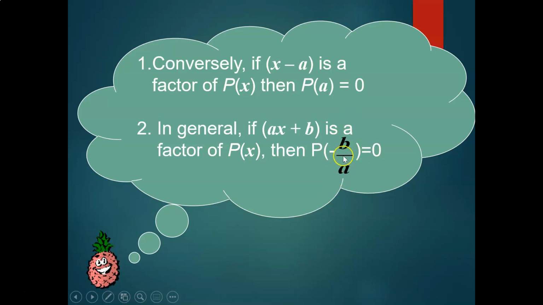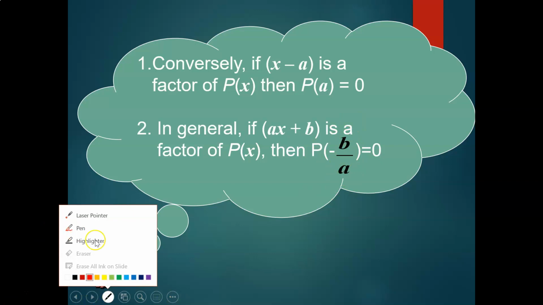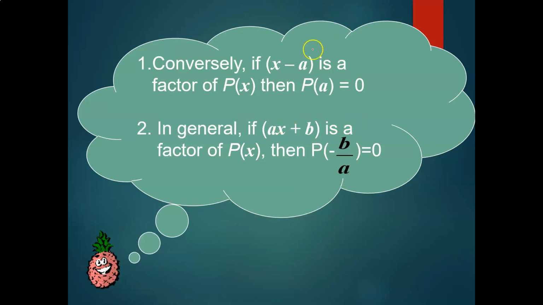So how do I obtain this one? By using, you rearrange again. So for example, this one kan? So you rearrange x equal to a. Bawa pindah a tu ke sebelah. So about this one, ax plus b, right? b equal to 0.